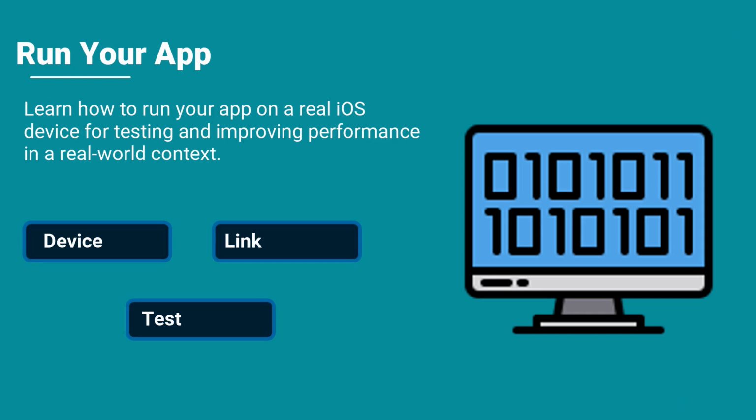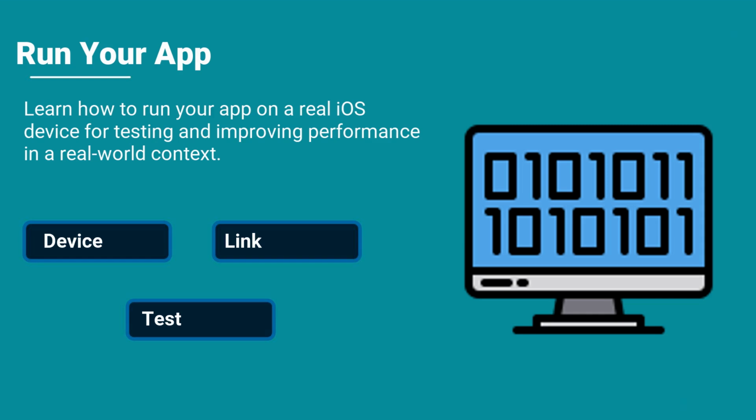Now, let's dive into how to run your app on an iOS device, which will allow you to see real-world performance and behavior. First things first, make sure your iOS device is ready. You'll need either an iPhone or an iPad with the latest version of iOS installed. Connect your device to your Mac using a USB cable and ensure you can access it through Xcode.